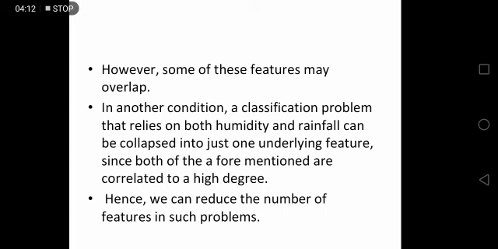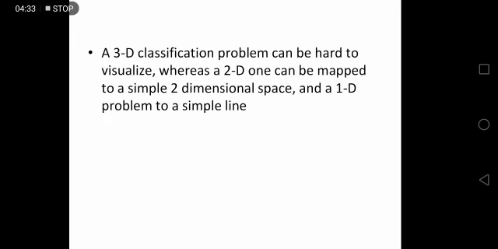In another condition, a classification problem that relies on both humidity and rainfall can be collapsed into just one underlying feature, since both of the aforementioned are correlated to a high degree. Hence we can reduce the number of features in such problems.